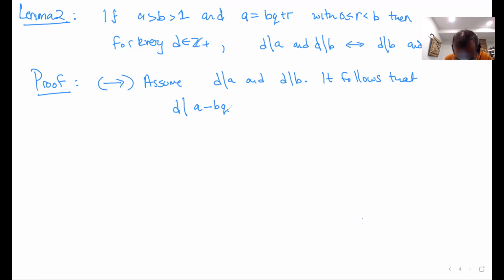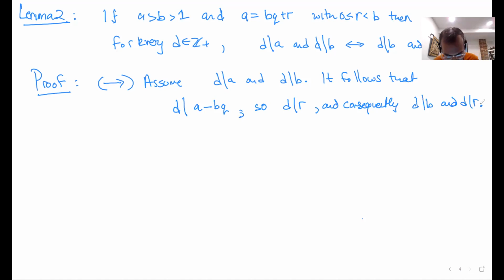But what's A minus BQ? That's just R, right? So D divides R, and consequently D divides B. We already knew that, and D divides R.